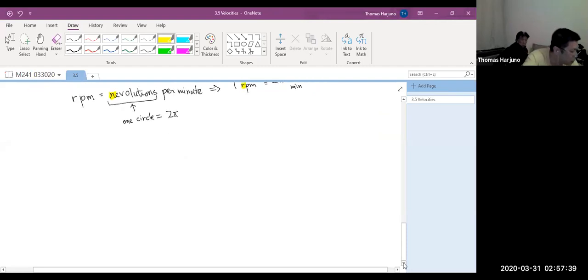Let's say, for example, we do number 36. Find the linear velocity if the radius is 8 inches and the angular velocity is 4 radian per second.